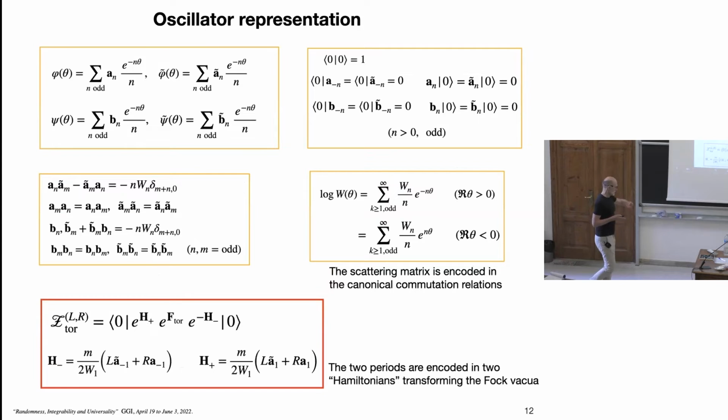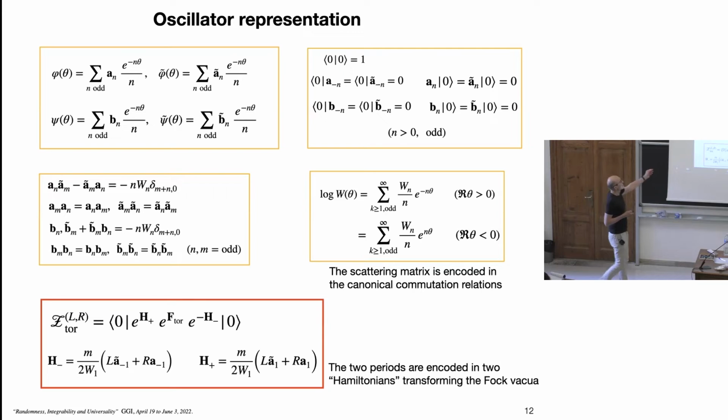So now this can be written in a more explicit way by expanding the auxiliary field in modes. So there are free fermions and bosons.